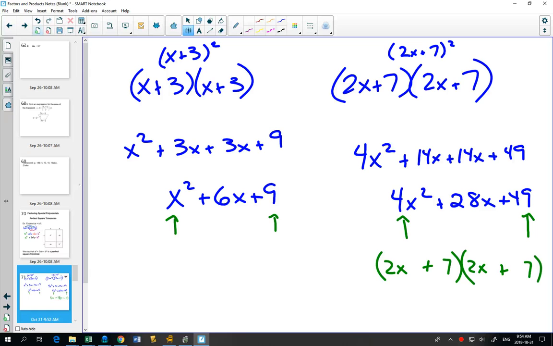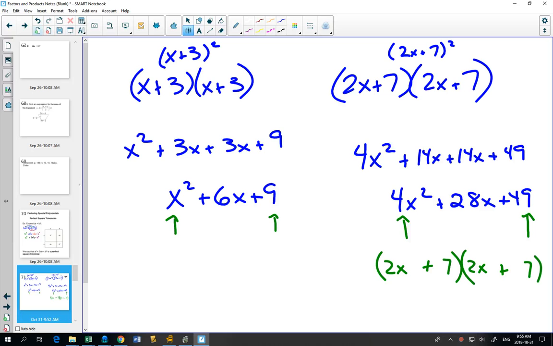Now, you could have factored, like we could factor 4x squared plus 28x plus 49 using the same techniques we've used in the past. So you can either just go to your brackets and try something until it works, or you can use the grouping method and say 4 times 49 is 196. What are two numbers that multiply to 196 that add to 28?